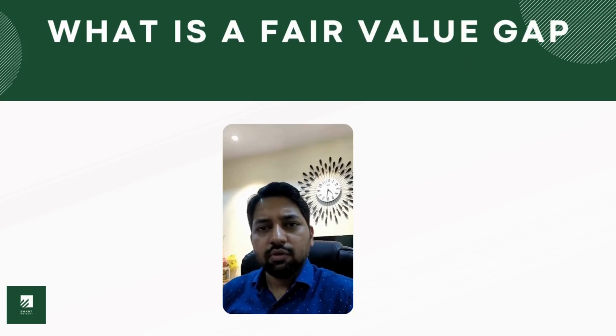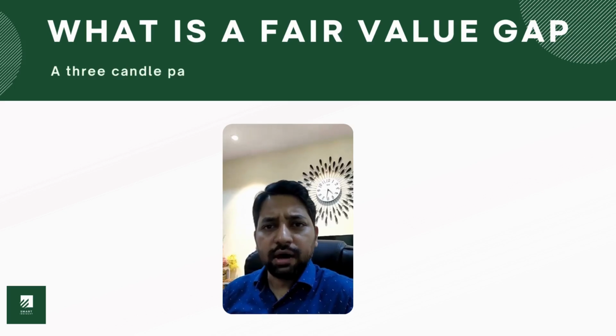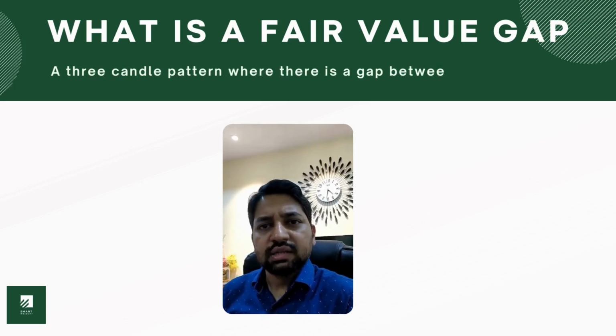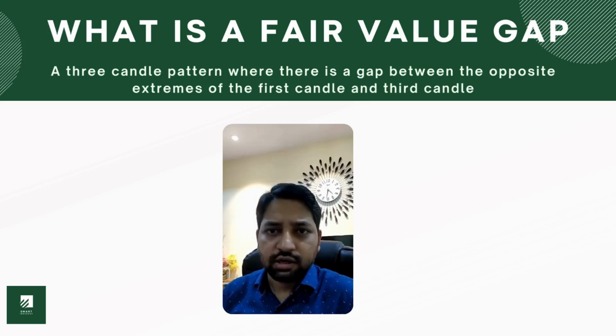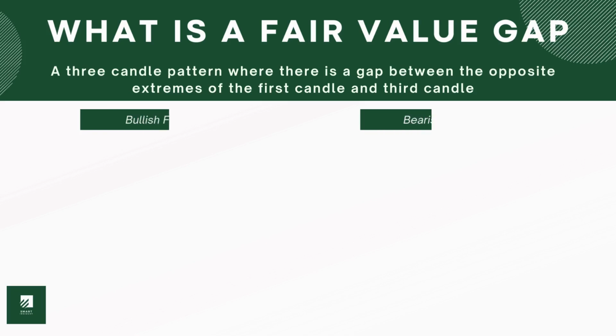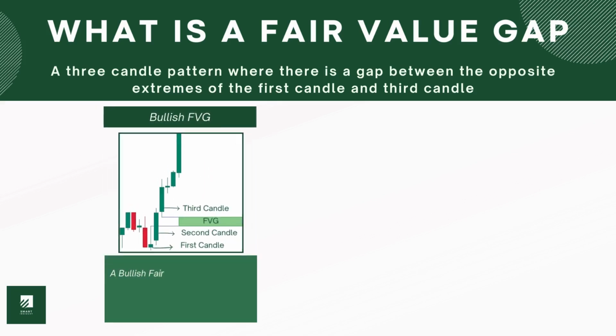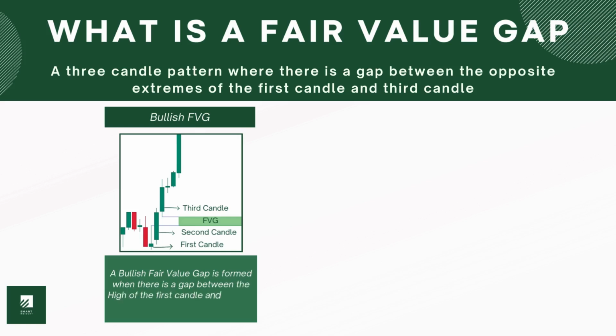A fair value gap is a simple 3-candle pattern where there is a gap between the opposite extremes of the first candle and the third candle. Let's understand this in a much simpler way. We work out two scenarios, a bullish scenario and a bearish scenario. In a bullish scenario, when there is a gap between the high of the first candle and the low of the third candle, that is a fair value gap.